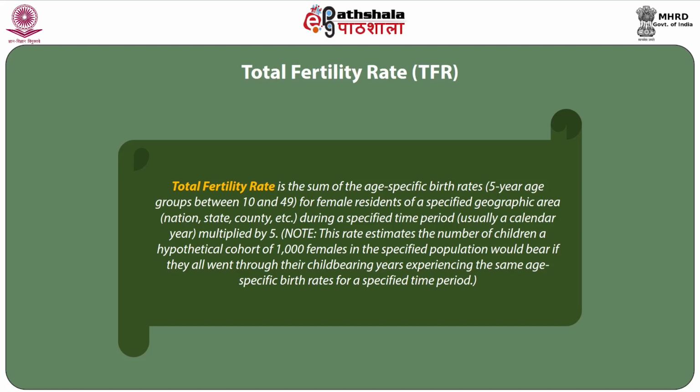Note, this rate estimates the number of children in a hypothetical cohort of 1000 females in the specified population, which would bear if they all went through their childbearing years experiencing the same age-specific birth rates for a specified time period.